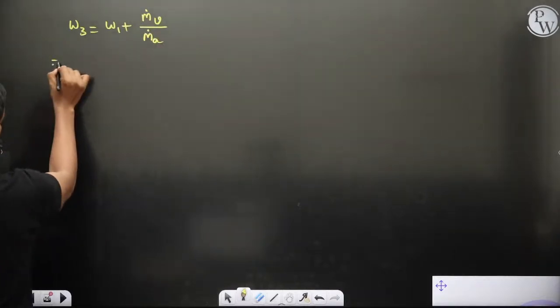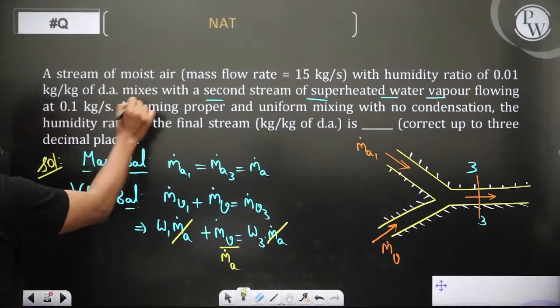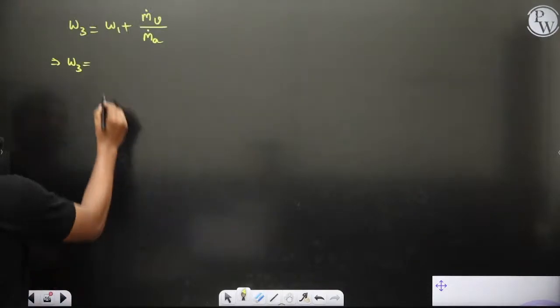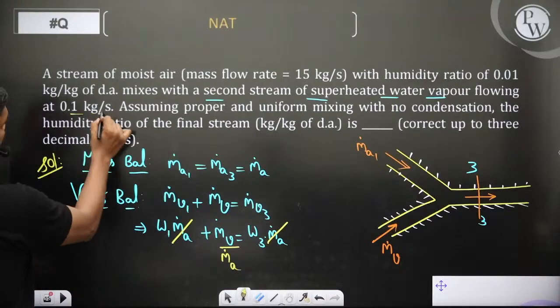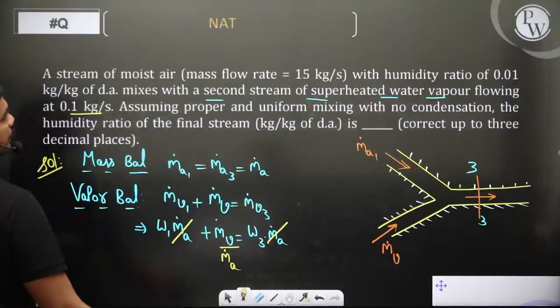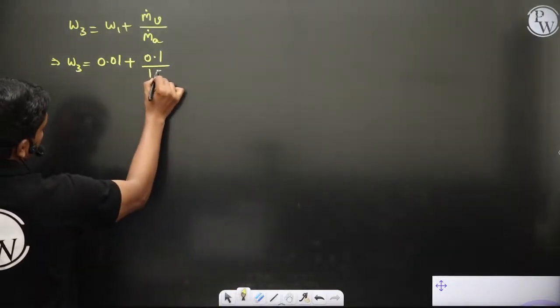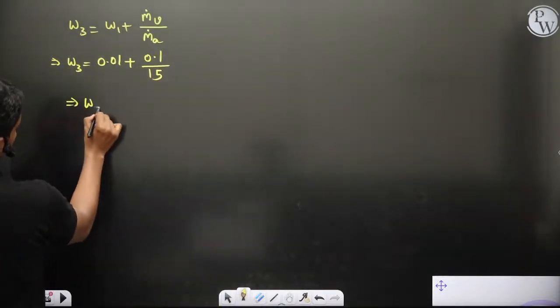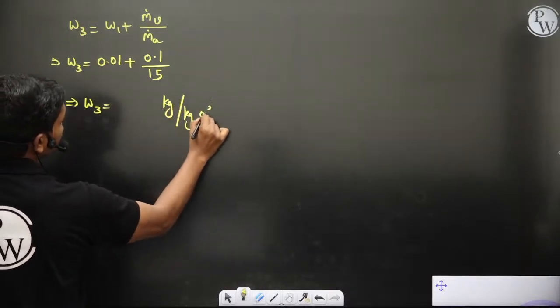So this gives you omega 3 is equal to, what is omega 1? They might have given omega 1 is 0.01 kg per kg of dry air, plus mass flow rate of vapor is 0.1 kg per second, 0.1 divided by mass flow rate of air. So 15 kg per second of air is entering. That's it. So omega 3 will be some amount of kg per kg of dry air.